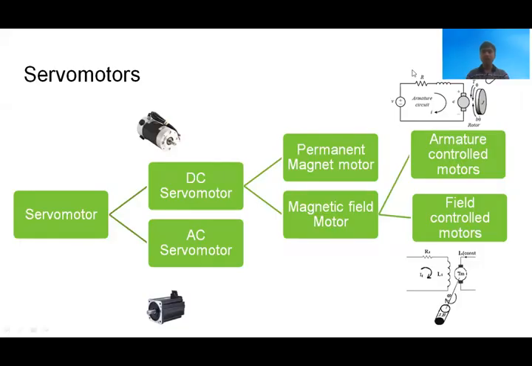Whereas in the field control motors, the armature winding is supplied by a constant DC current. Therefore, the armature current is constant and the speed or torque of the motor is directly proportional to the flux produced by the field, where the field flux is directly proportional to the field current. Therefore, by controlling the field current, we can control the speed and torque of the motor.